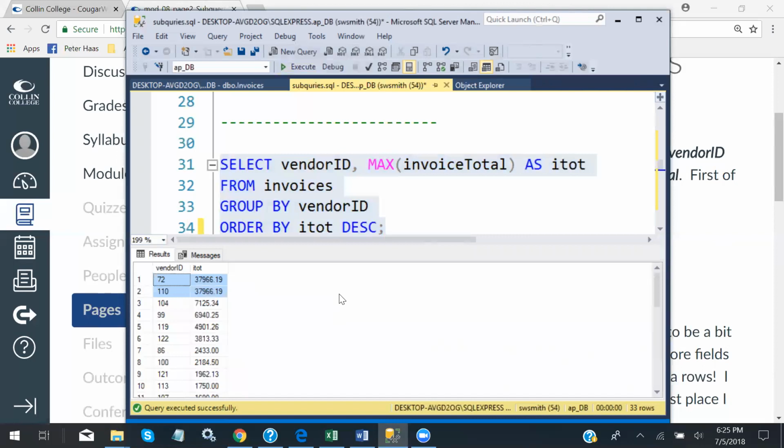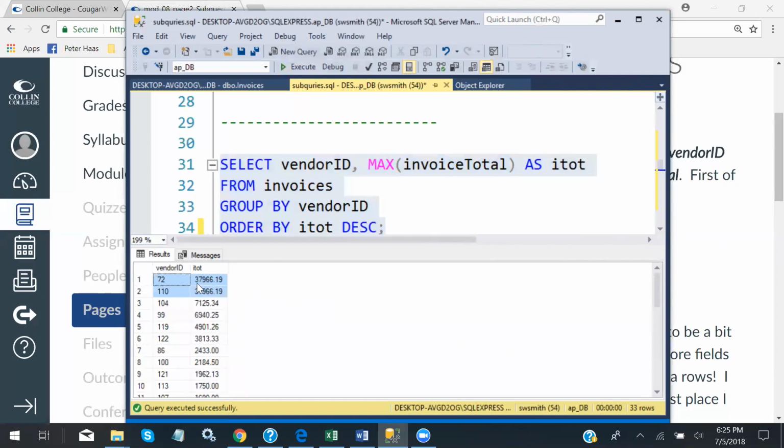They have other invoice totals, but that's their greatest one, and they both tied at $37,966.19. They did that because I went in and changed my data to make them do that. Yours won't do that. So I have 2 of them.